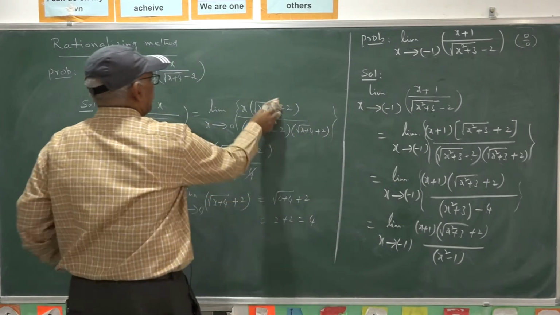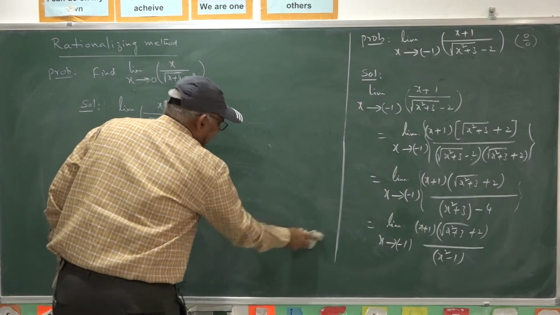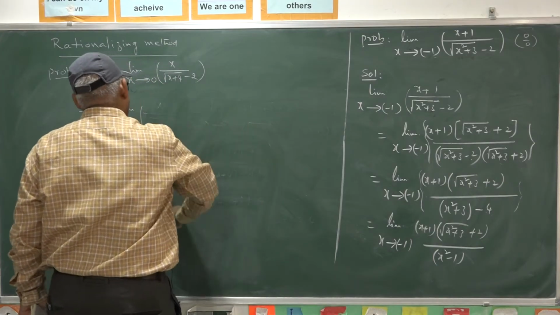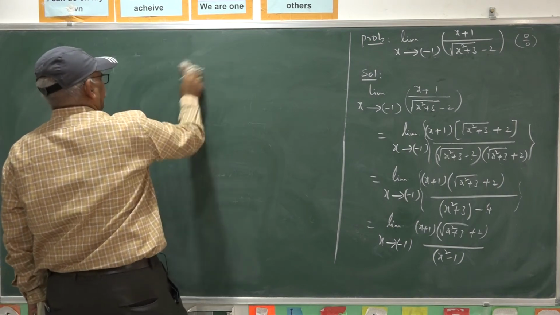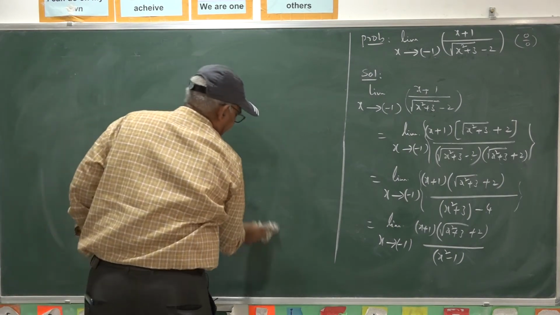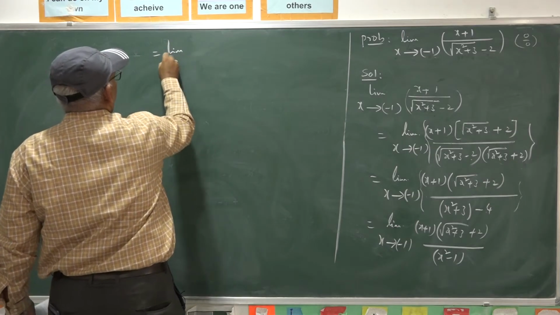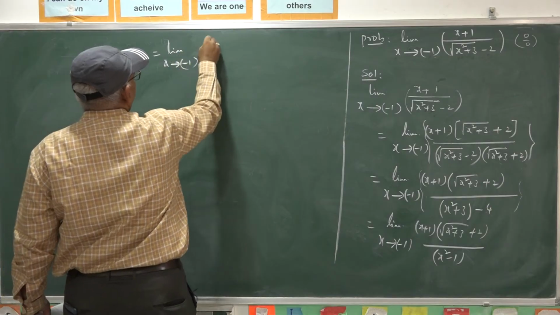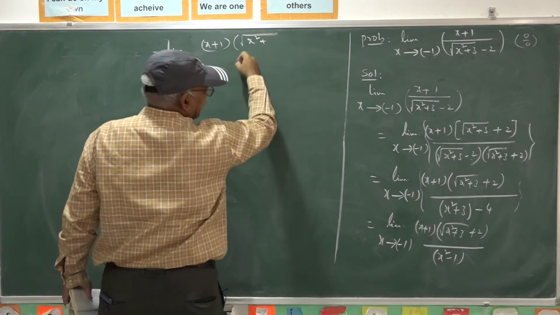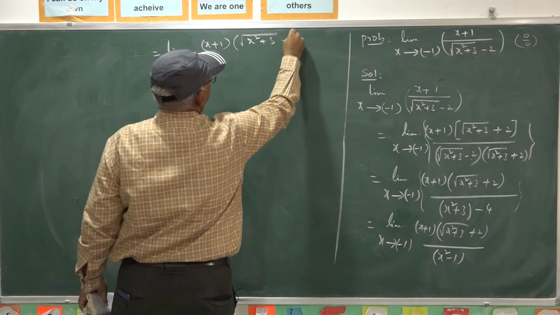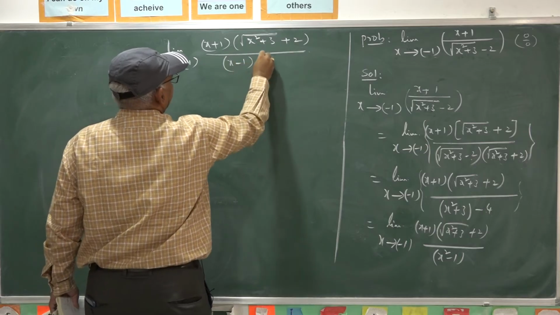Now you can factorize the denominator x square minus 1 as x plus 1 into x minus 1. This is the limit as x goes to minus 1 of x plus 1 into root over x square plus 3 plus 2 by x minus 1 into x plus 1.